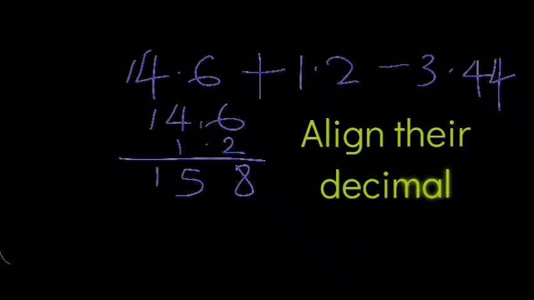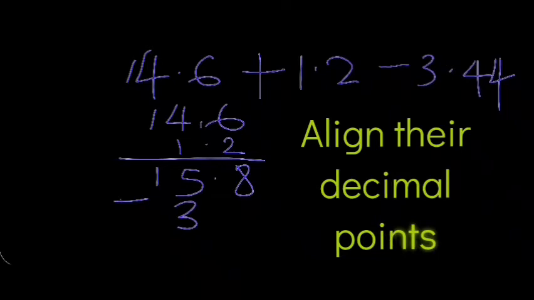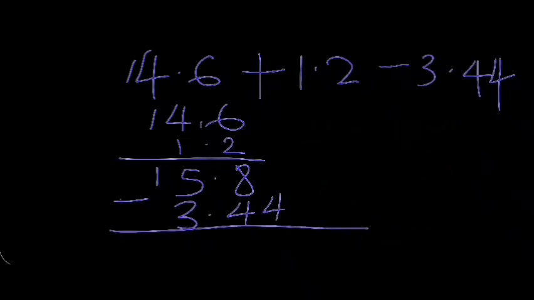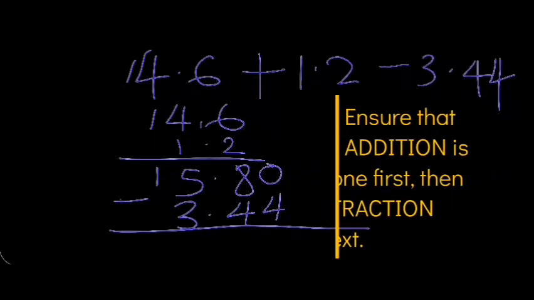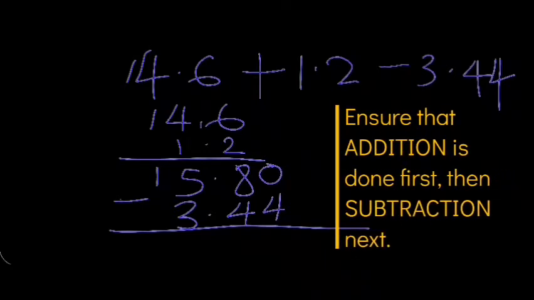Then you cannot subtract. Don't forget the decimal point is here. You cannot subtract the 3.44, so you fill the remaining space with 0. You start the subtraction. Borrow 1 from the 8, which is 10. 10 minus 4 is 6.